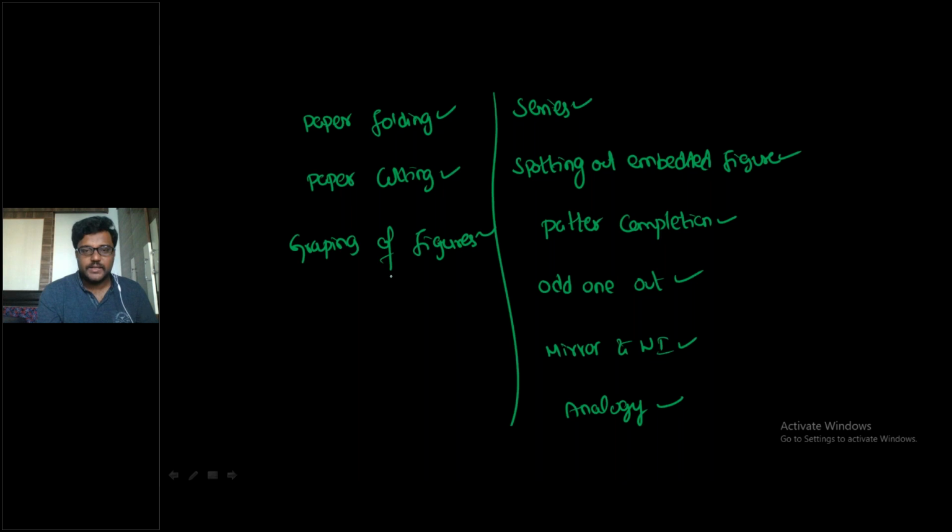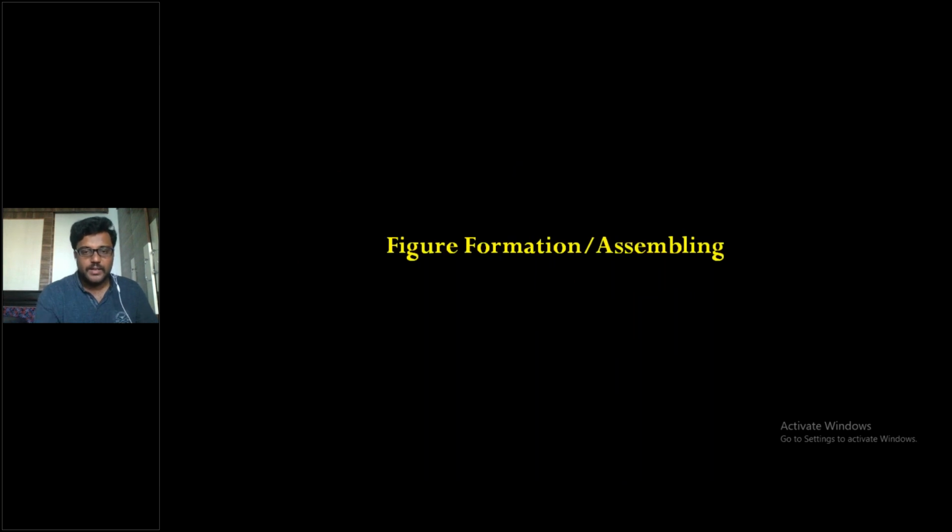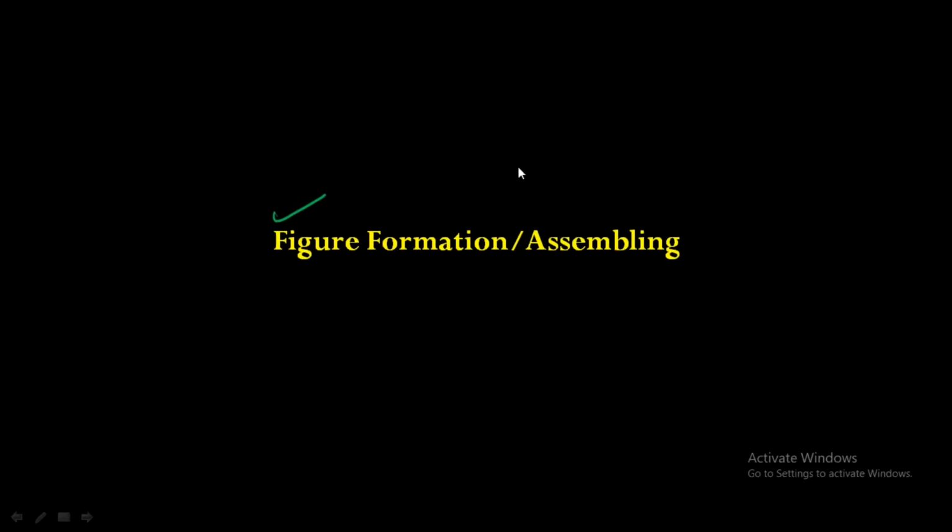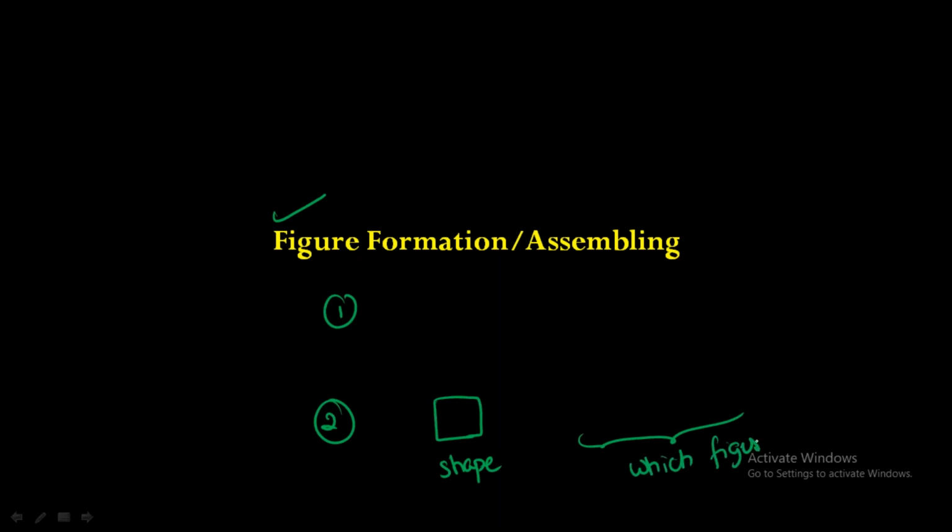Let's go ahead with the next subtopic, my dear friends: figure formation or assembling. Here two types of questions are possible. One shape is given, and you have to identify which figures combination is required.